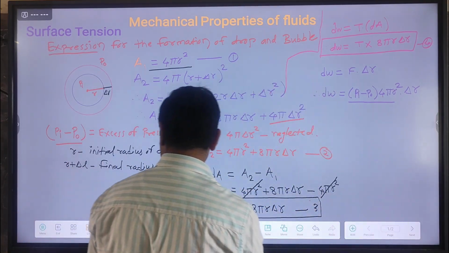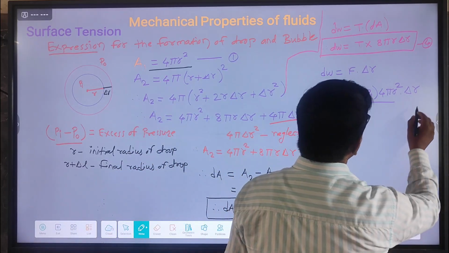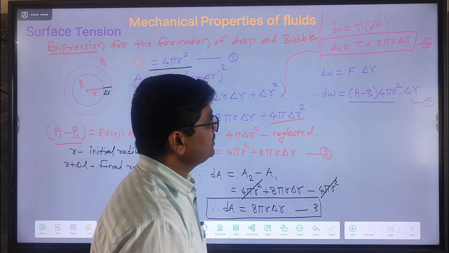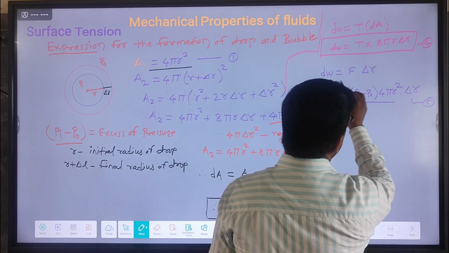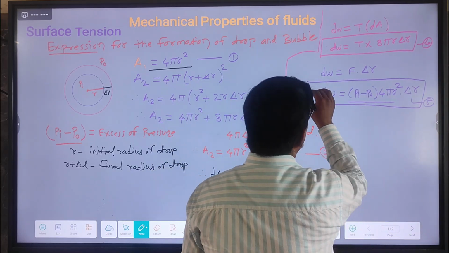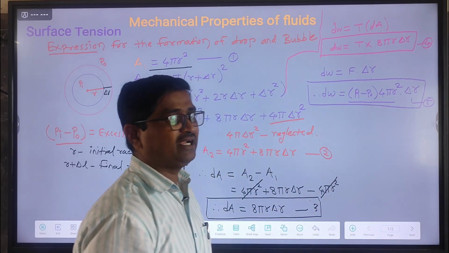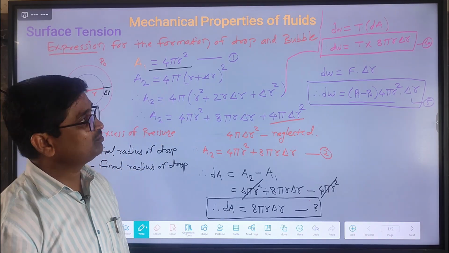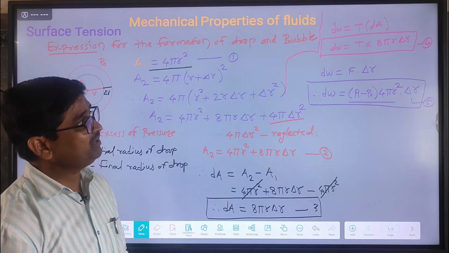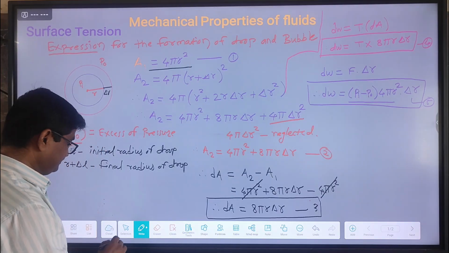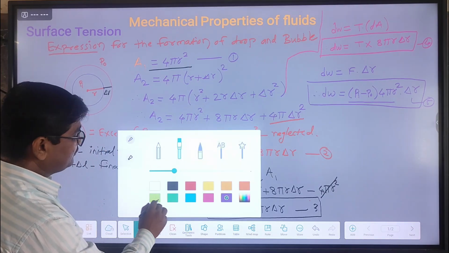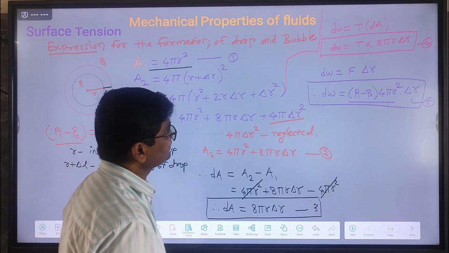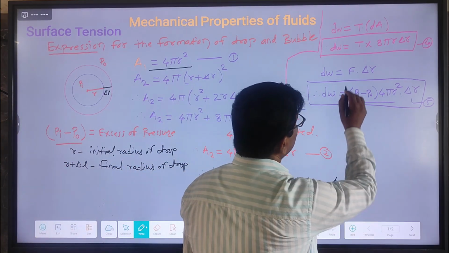Now let's see the next. Call this equation number 5. This equation number 5 also indicates the work, and equation number 4 also indicates the total work. So comparing equation 4 and 5, both represent work done.